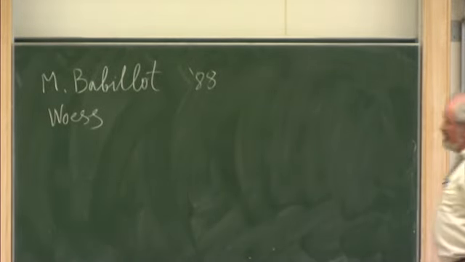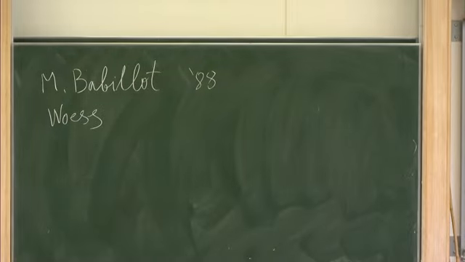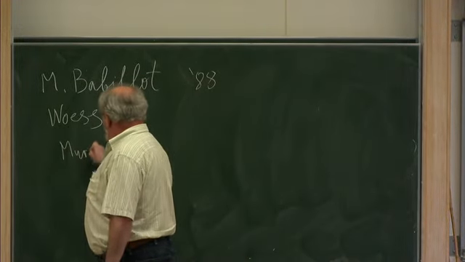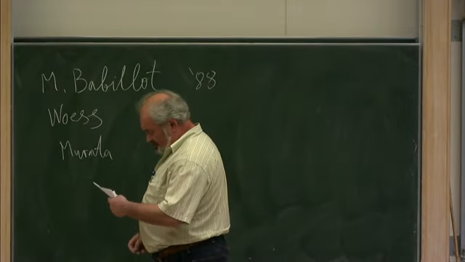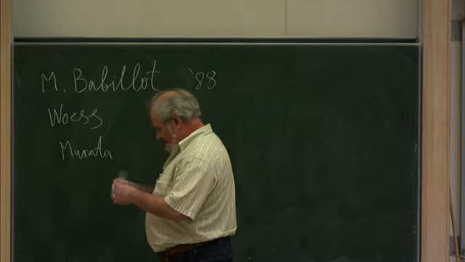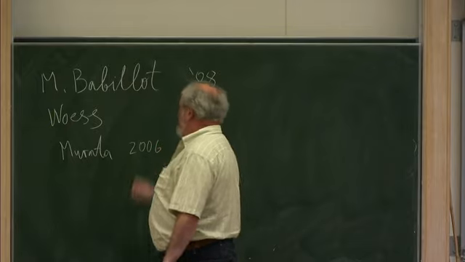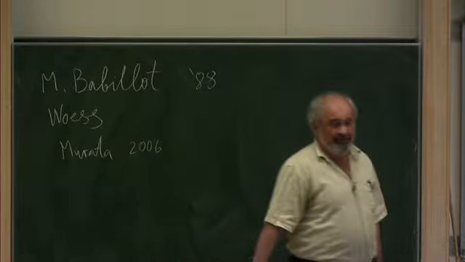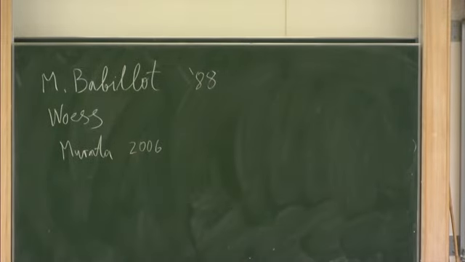At the end, he provides both cases, at the lower edge and below it, for Green's function. And Murata and Tsuchida also did this somewhere after 2000, maybe 2006 or something. I don't quite understand why, since Babillot did this before. But it was very hard to read her papers.